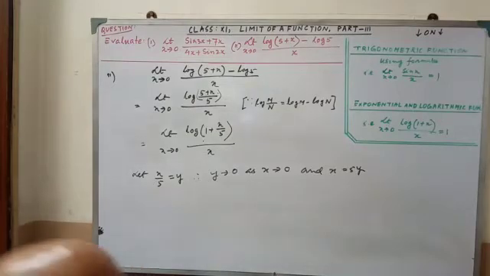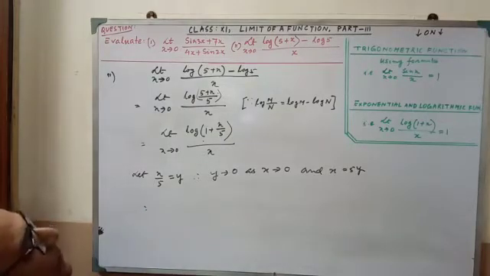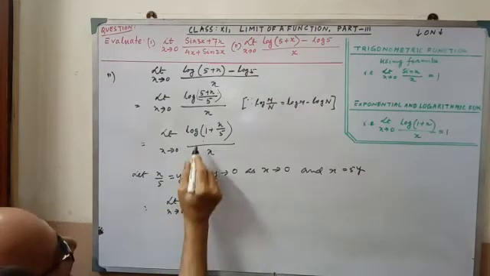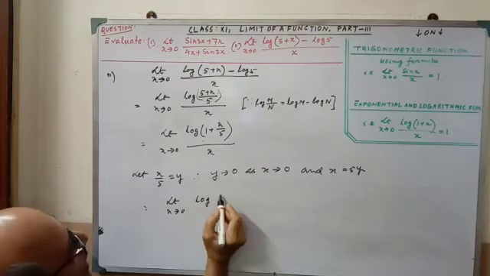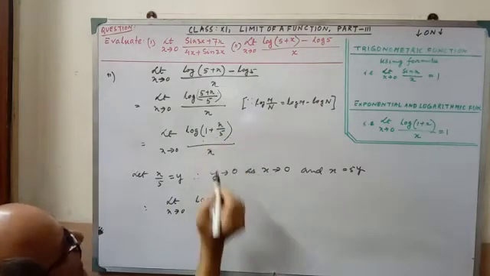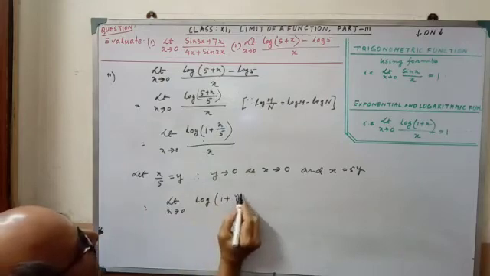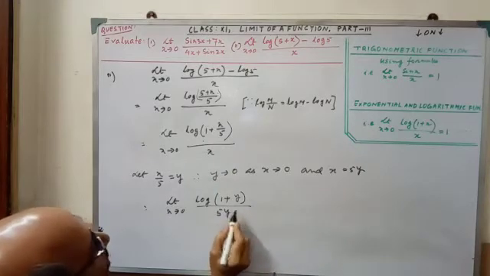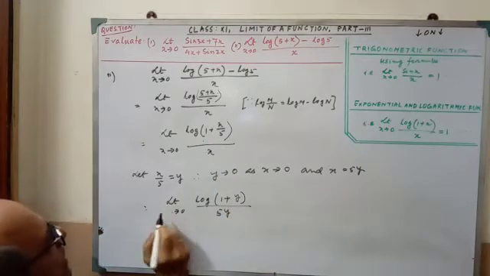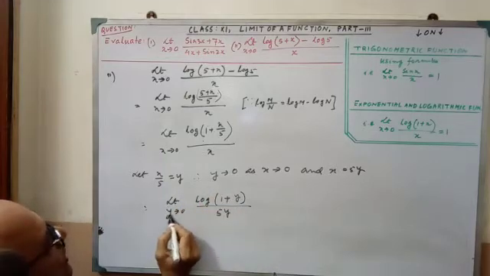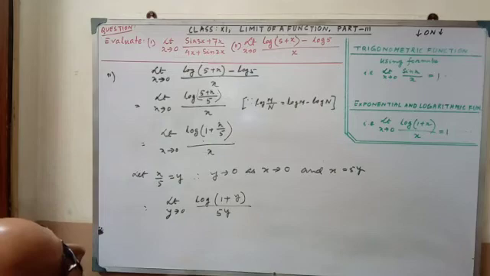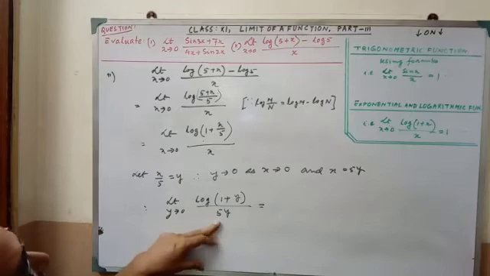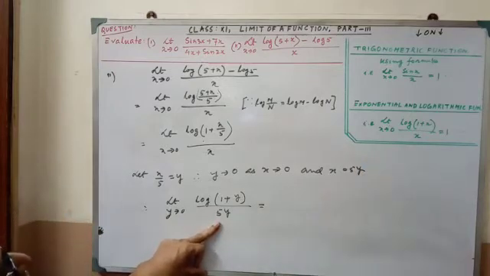So you must follow now. Limit x tends to 0, and this is log(1 plus x by 5), with x by 5 equal to y, divided by x. x equals 5y. This is expressed in y, so y tends to 0 because the expression is converted into y. Now, still we are not getting exactly the frame. Now we have to simplify more.